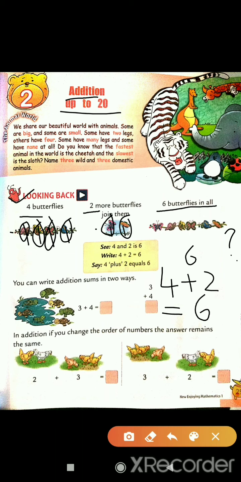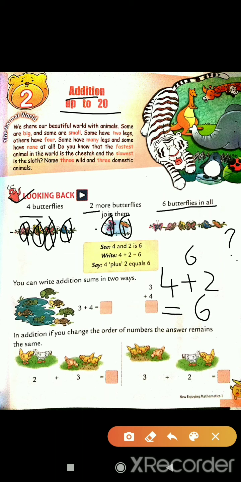Similarly, here 3 birds are there and here 2 birds are there. Count it together. 1, 2, 3, 4, 5. How many birds? 5 birds. Both the answers are same, right? So here what we did, we just changed its order.